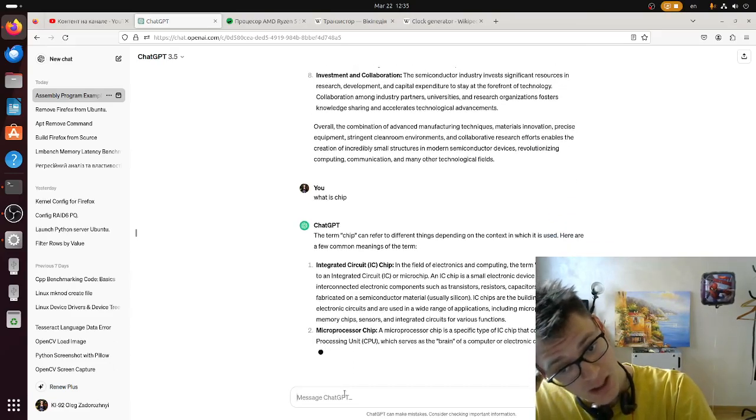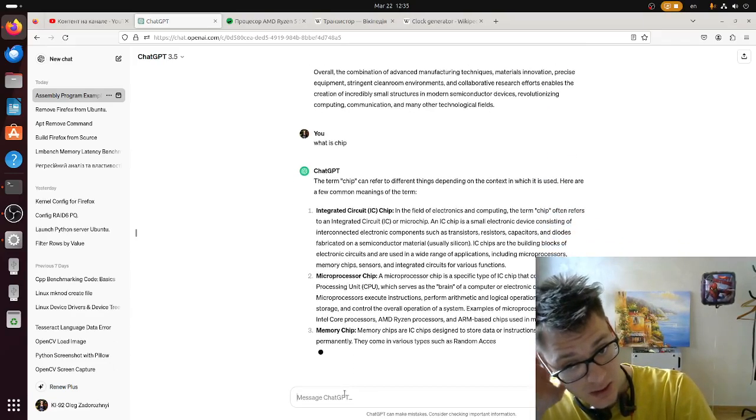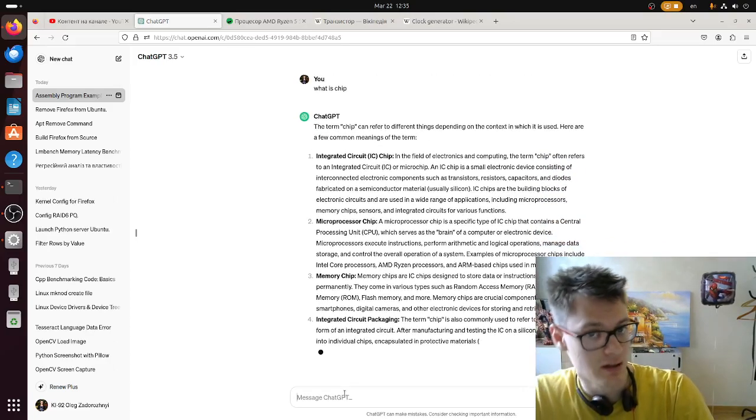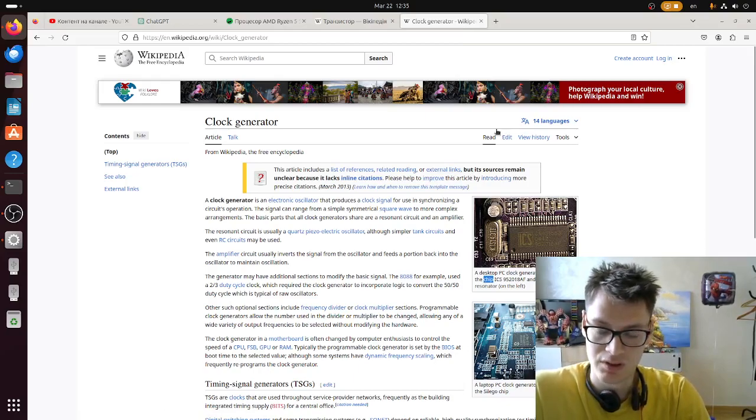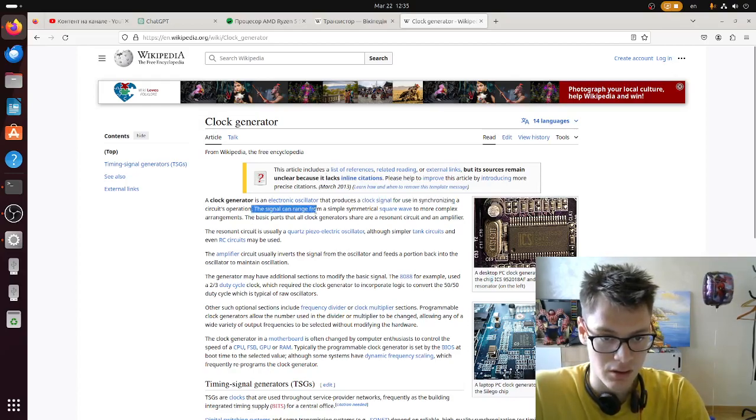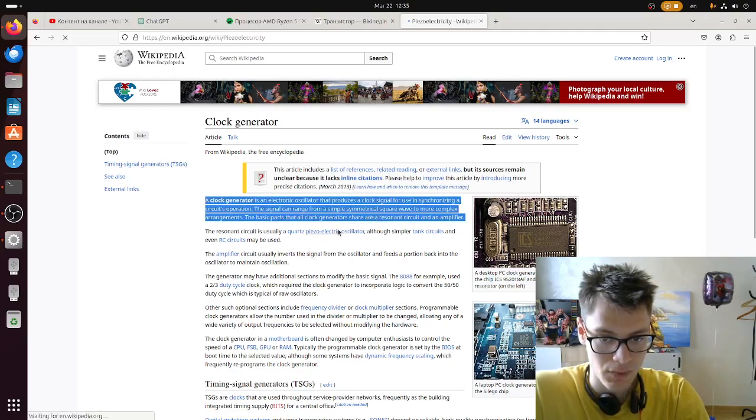Okay, guys, I think we can say that a clock generator is actually a CPU itself, some kind of, because its function is just to create signals. But how does it work?